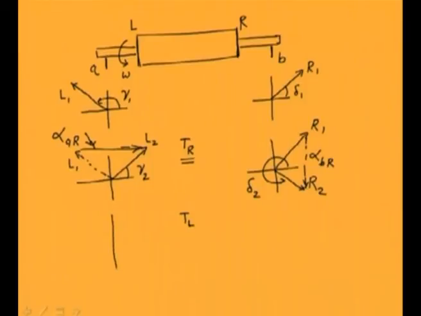Let us say we have measurements corresponding to this as L3 with phase gamma 3, and in the B plane we have measurement R3 with angle delta 3.